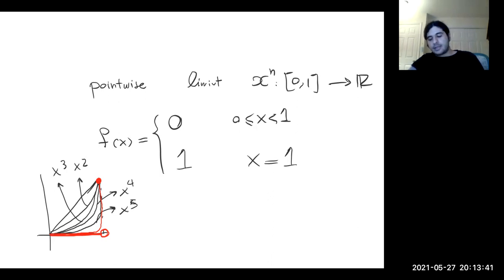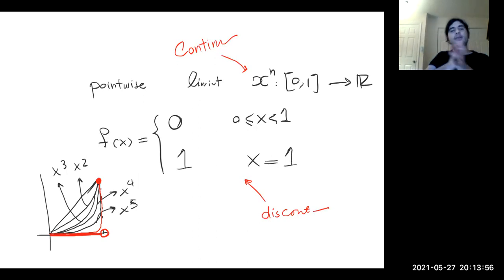So this is an interesting phenomenon because we have a sequence of continuous functions. All of them are continuous, but the limit is a discontinuous function. So we have a sequence of functions converging to a discontinuous function.